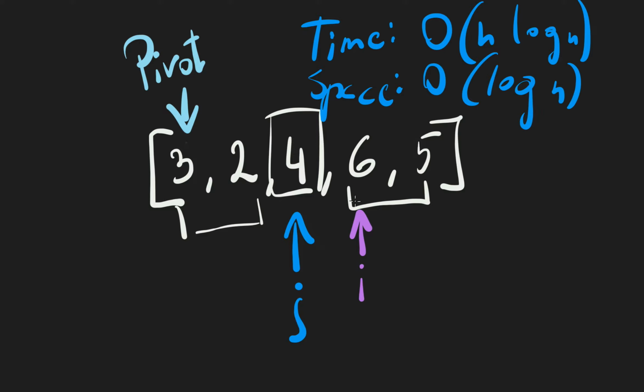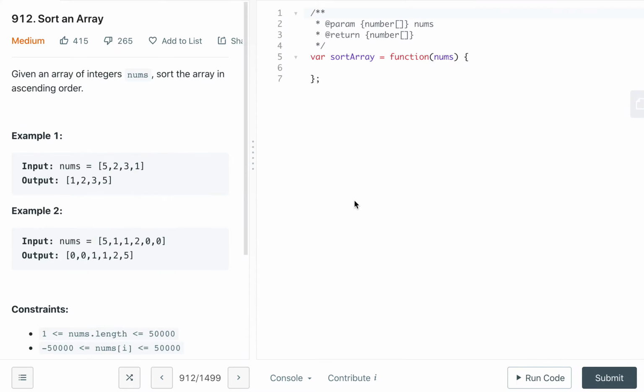Okay, let's do it together. First thing we need to do is call the QuickSort function and pass nums, the first index and the last index of the array, so nums length minus 1. Because we're doing this in place, the sorting will be in place, so we need to return nums.